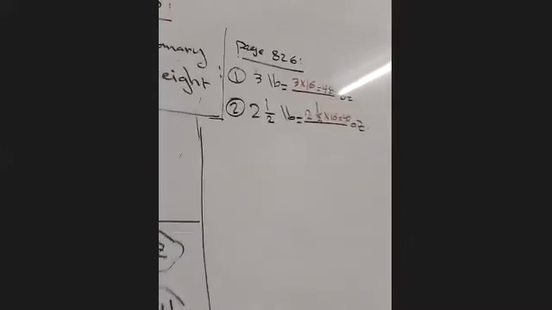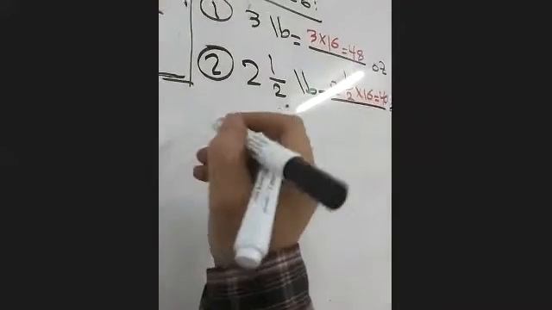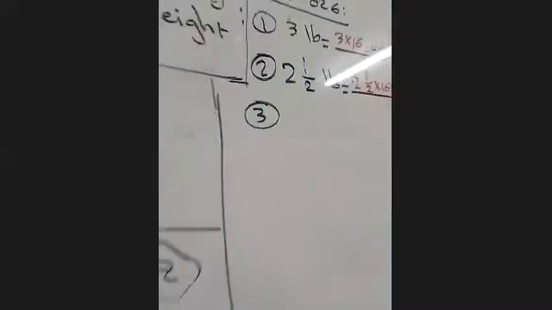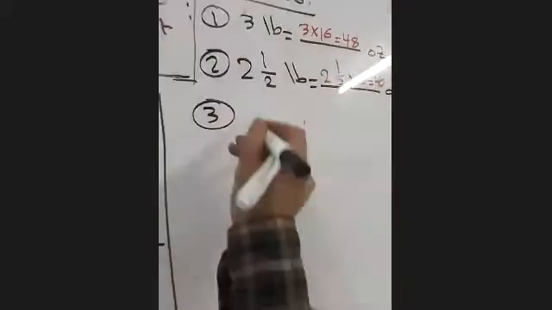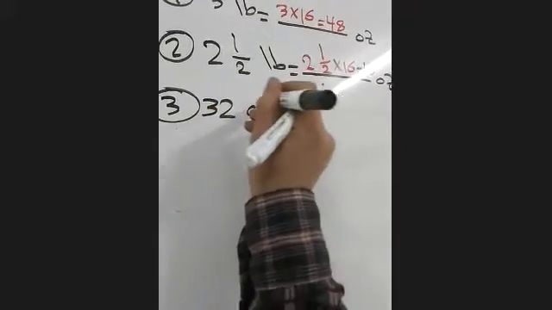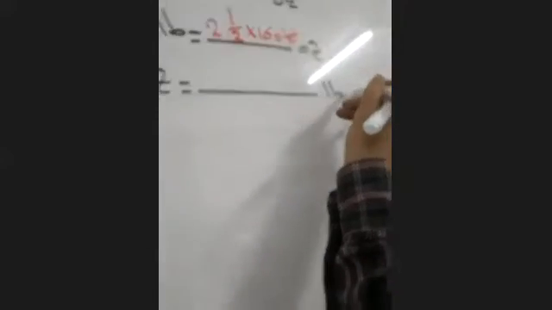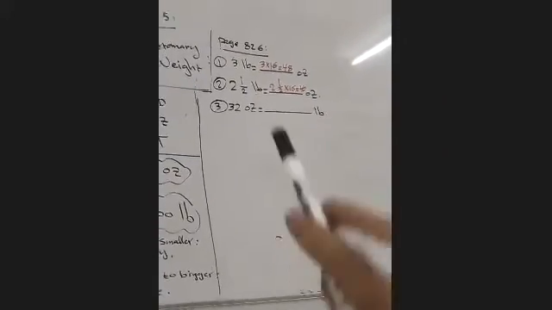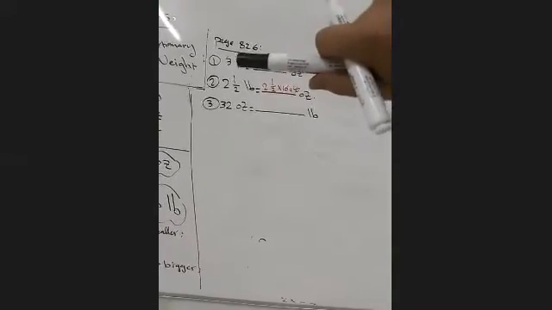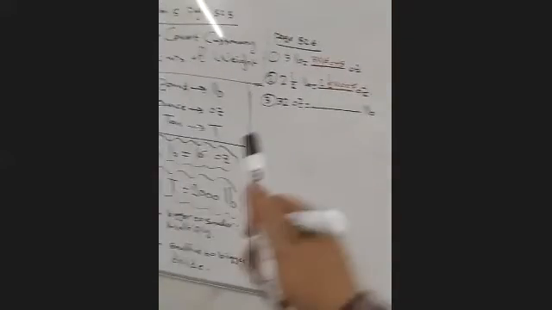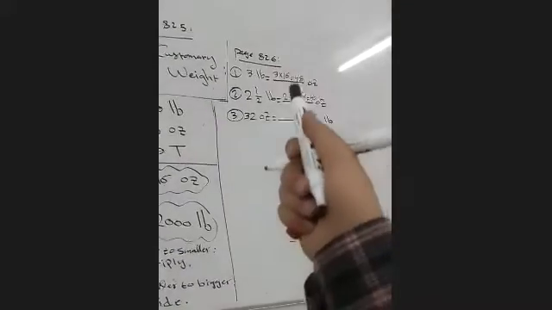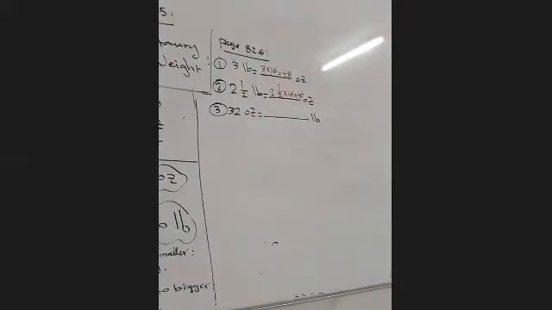Question 3 in the same page. We have to convert 32 ounces to pounds. In the previous 2 questions, I turned from pound to ounce, from bigger to smaller, I use multiply. But now I want to turn from ounce to pound.